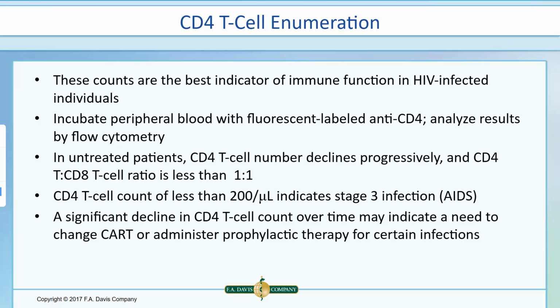In untreated patients, CD4 T cell number declines progressively, and the CD4 to CD8 T cell ratio is less than 1:1. A CD4 T cell count of less than 200 per microliter indicates stage 3 infection, which is classified as AIDS. A significant decline in CD4 T cell count over time may indicate a need to change the CART, the combined antiretroviral treatment, or administer prophylactic therapy for certain infections.